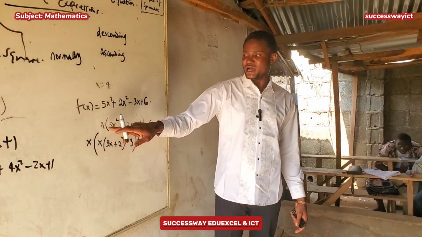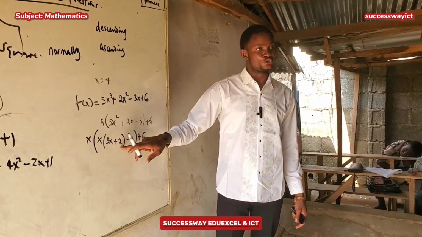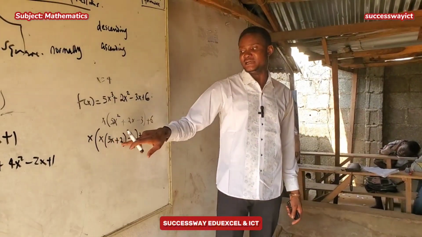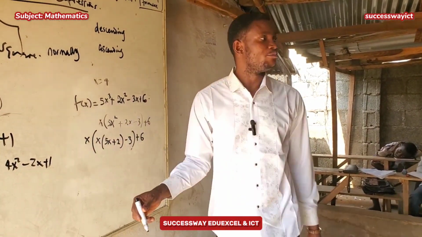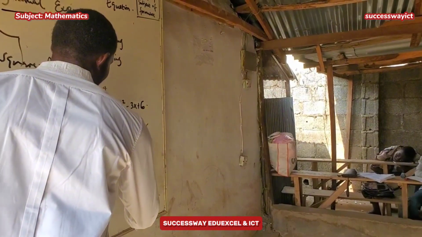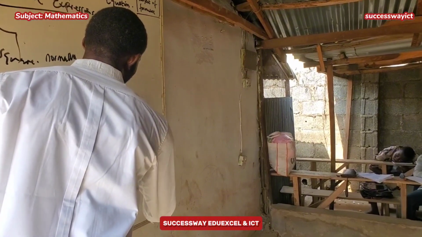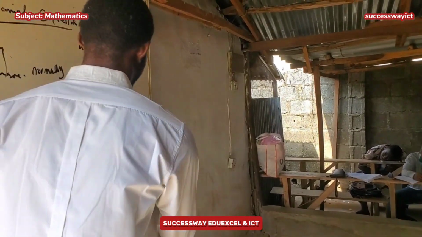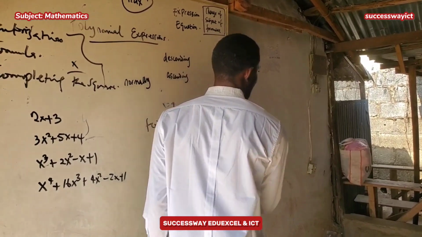We can decide to bring out 1x from this and this, which makes it x bracket 5x plus 2 minus 3, because this x times this will give us this, and this times this will give us this. So that plus 6. At this point here, you can now put your 4 inside so that you have 4 into 4 plus 2 minus 3 plus 6. Just do this guy here. At the end of the day, you have your result.